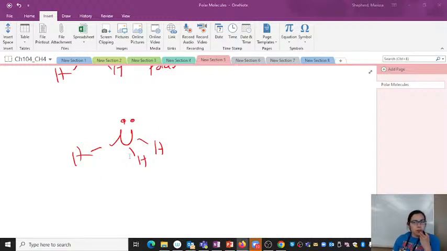So is it symmetric all the way around, or does it have electron density on one side?